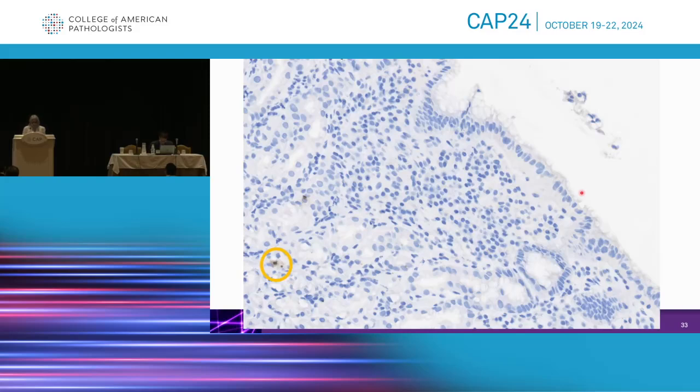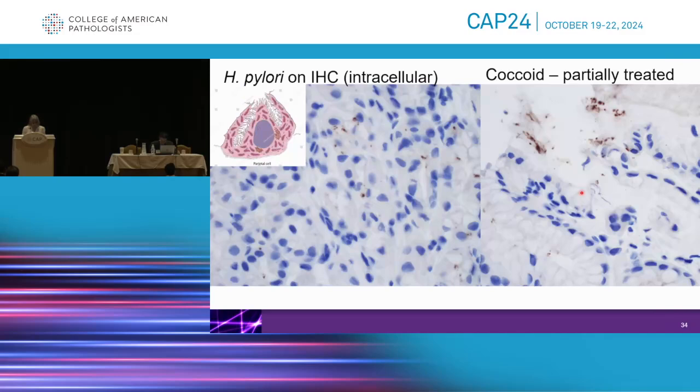And so this did something to this particular infection, which is modified the overall appearance of it in this way, that we know they can be intracellular in location as well as coccoid when partially treated. And sometimes you can see them admixed with the more classic morphology, this sort of comma, sinusoidal shape, in addition to the more coccoid morphology, which can be quite focal, as was noted in that case.